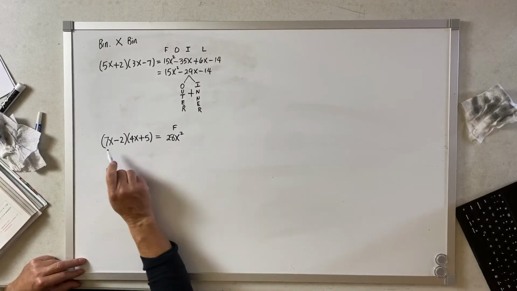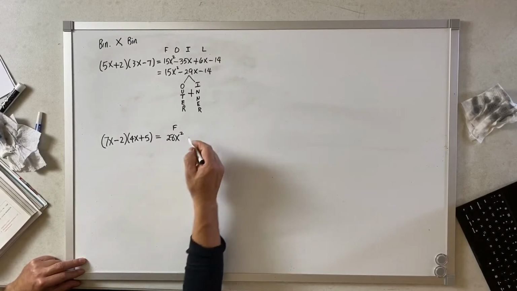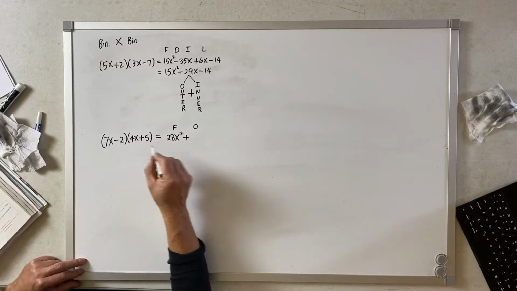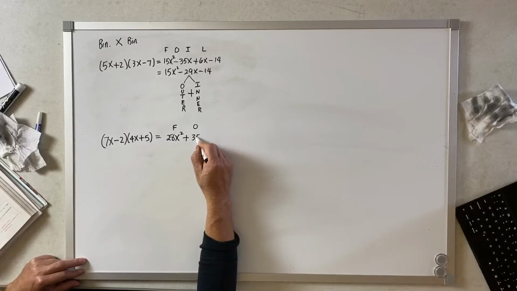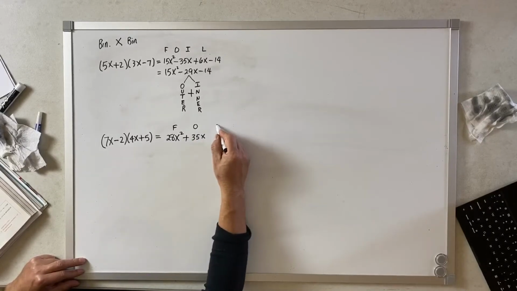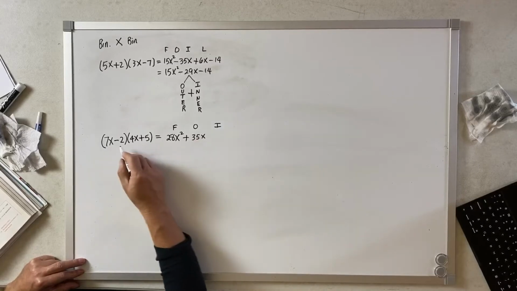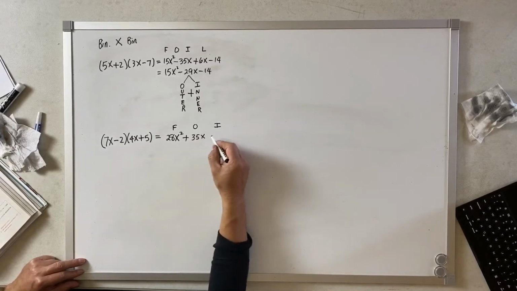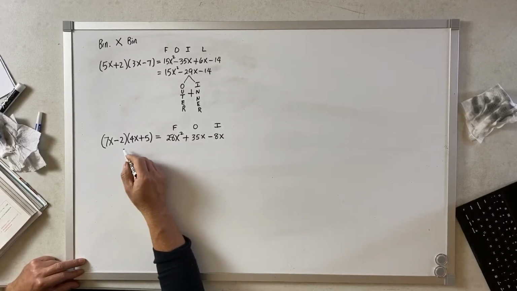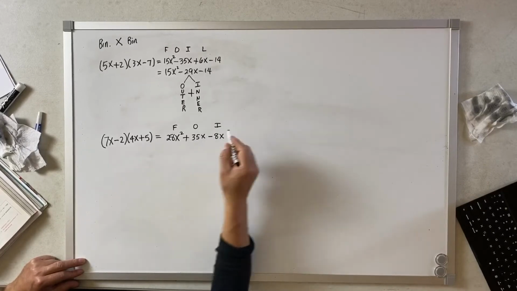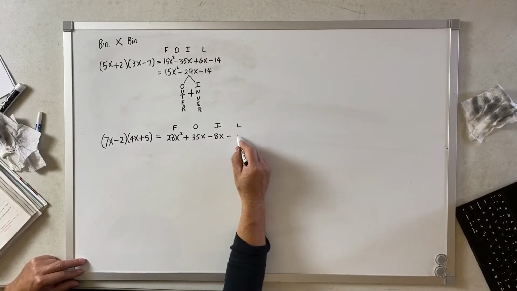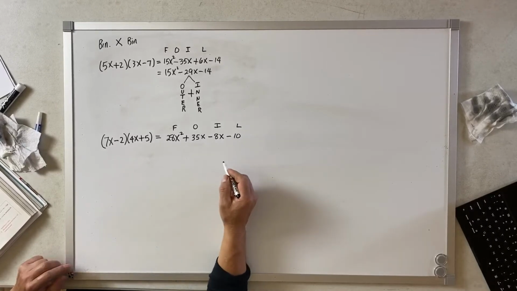What's outer? 7x times 5 is 35x. Inner, negative 2 times 4x, negative 8x. Last, negative 2 times 5, negative 10.